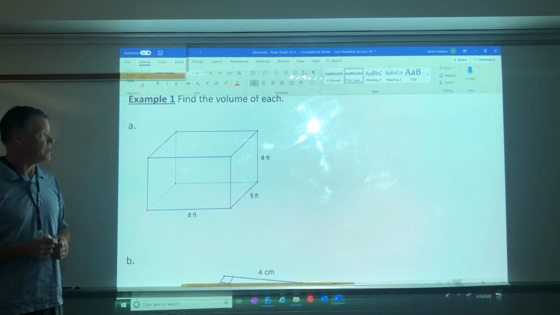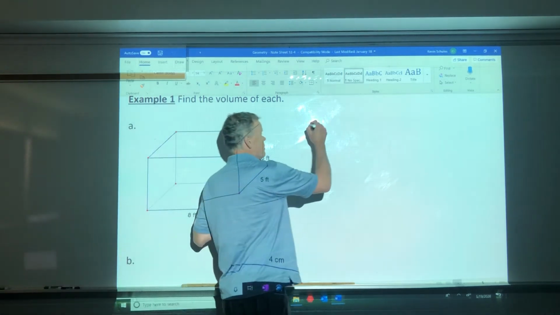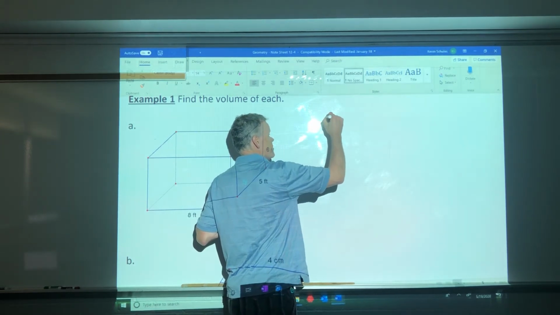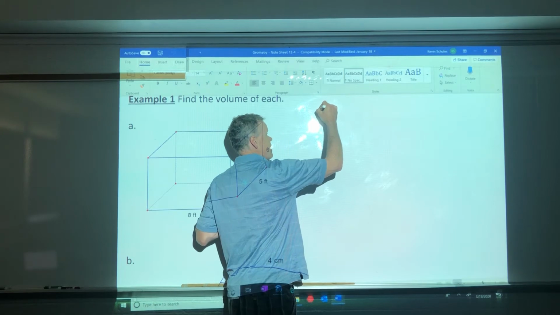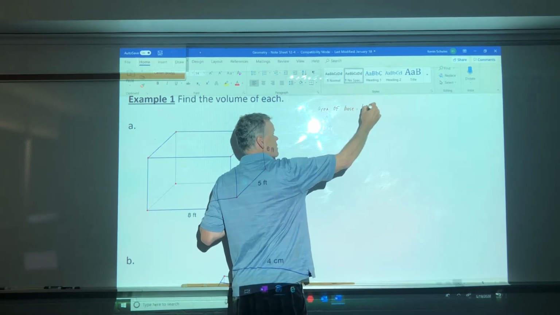So our volume has the formula area of the base times the height. Remember, this big B is not just the base, it's the area of the base, which is the length times the width.